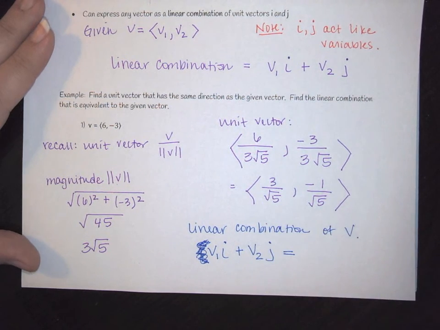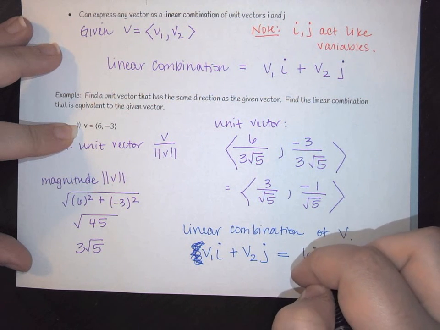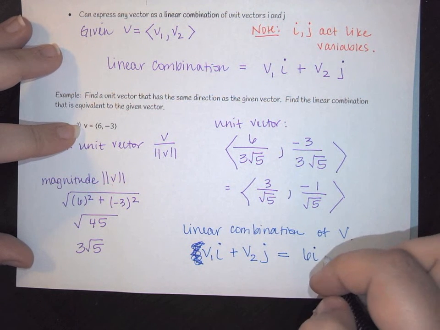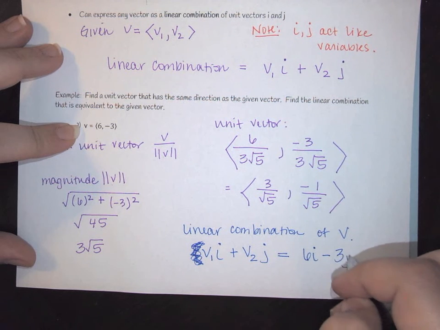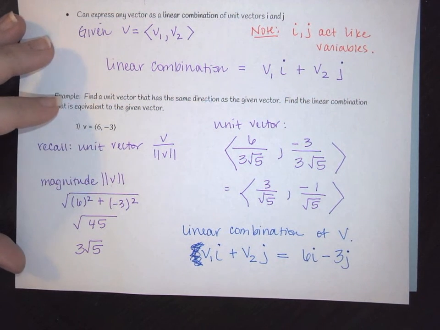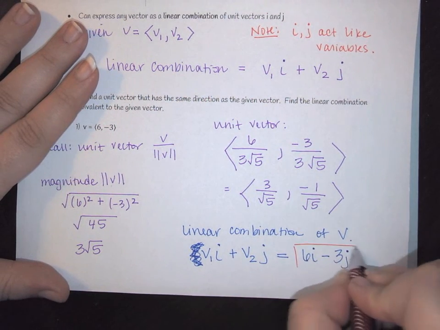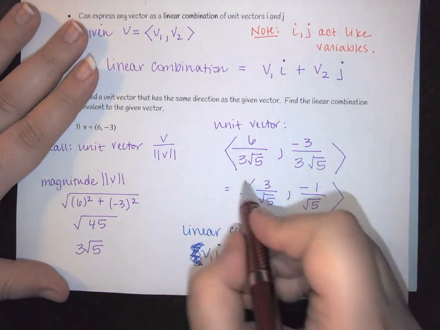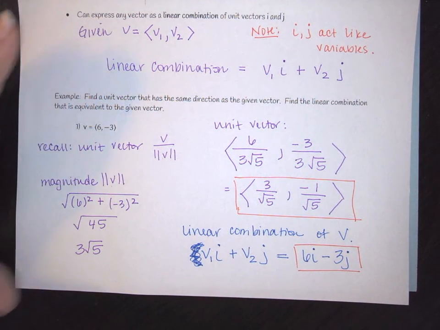And so in this case we just simply plug it in. This is going to be 6i plus a negative is going to be overridden by the negative 3j. And this would be what we were looking for. So these are my two answers that we were gunning for.